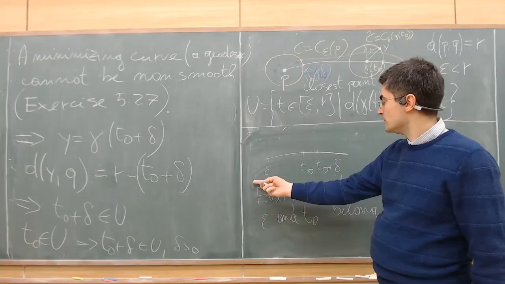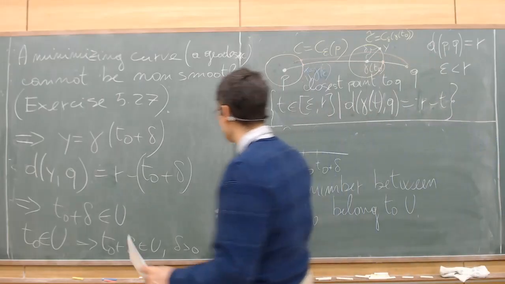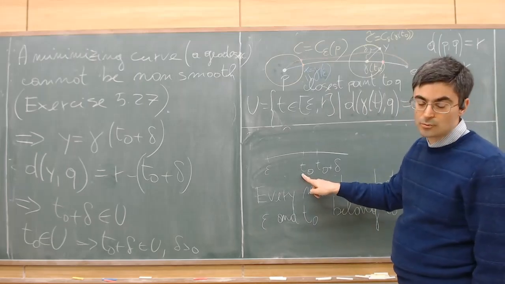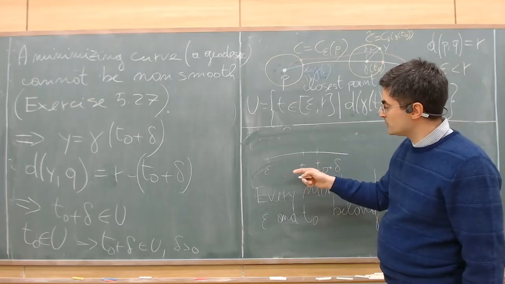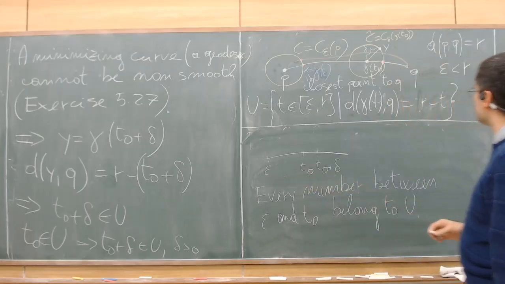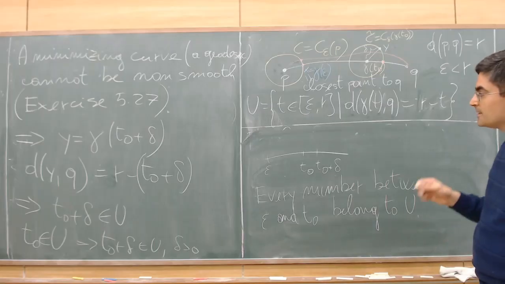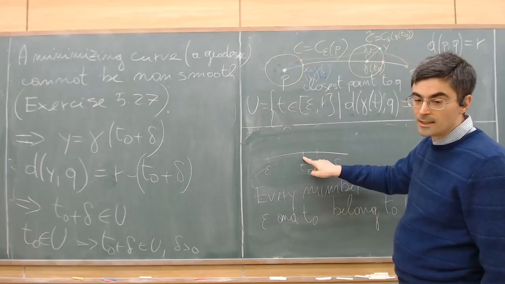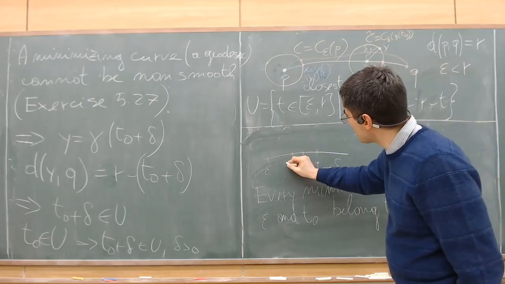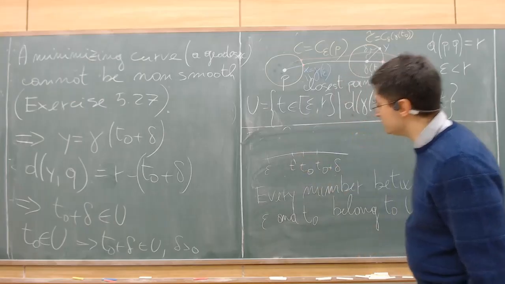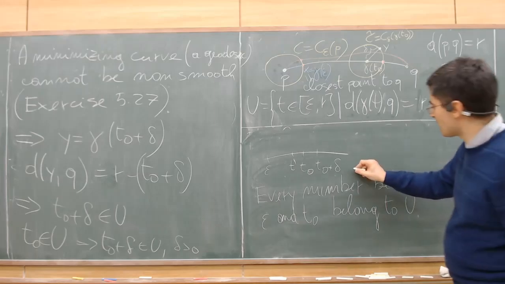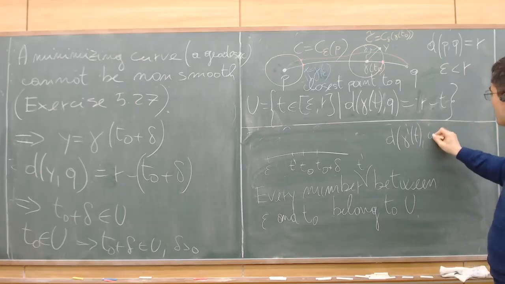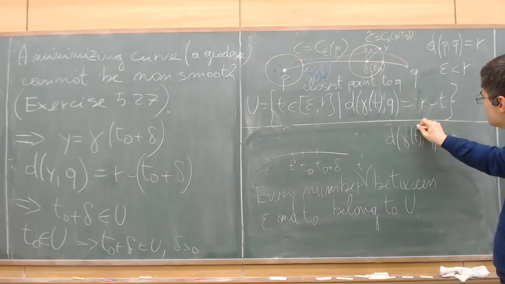If you know that a number belongs to U, then it's easy to prove that any smaller number belongs to U. Just consider a geodesic joining gamma T0 with gamma T prime, and you can prove that the distance of gamma T prime to Q is R minus T prime.